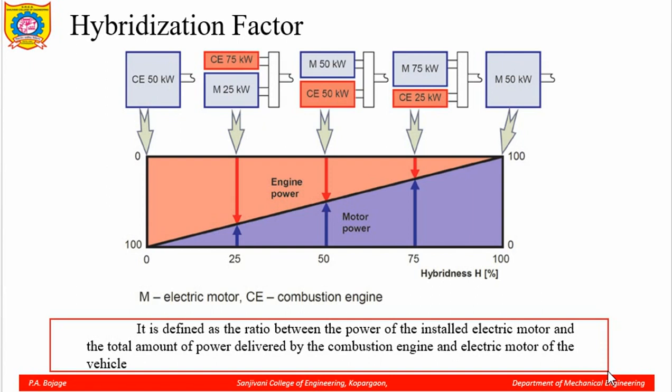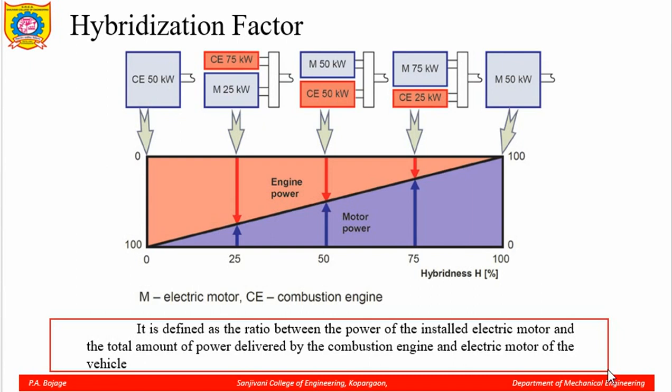It is simply a ratio. So which ratio? The power installed of an electric motor, that is the power of the motor, at the numerator, and at the denominator you have the power of the combined engine and the electric motor. So the addition at the denominator. So that will define the hybridization factor.